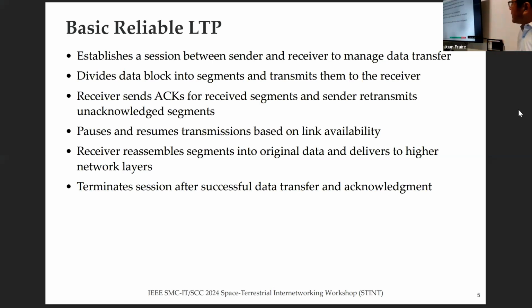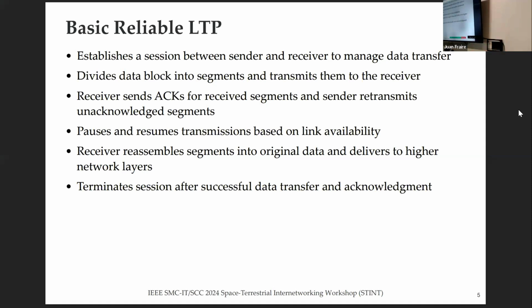When we request LTP to send blocks or bundles reliably, it will try to retransmit whatever was lost during the transmission cycle. For this, it implements an acknowledgement mechanism that tells the sender what was received, so it can send whatever was not received during a second attempt.